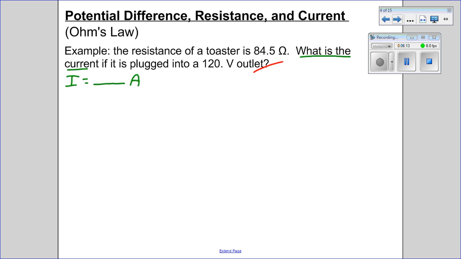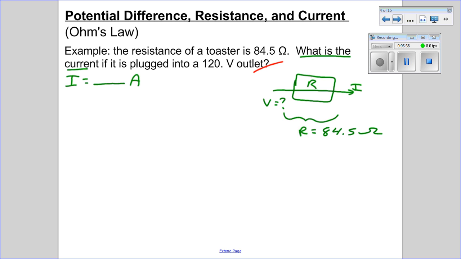Well, we don't really have to draw a picture for this, but we have a current going through a resistance, the toaster, and a potential difference across that resistor. Okay, the toaster is essentially a resistor. So, step 3, given information, resistance equals 84.5 ohms, and the voltage or potential difference is 120 volts.